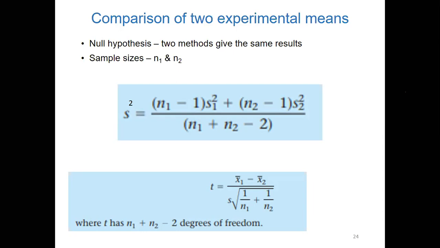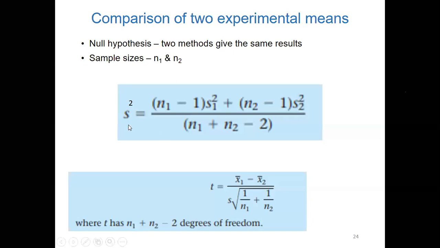In that case also, we are using the t statistic. The sample sizes of the two methods will be N1 and N2, because we may use the same number of samples in both methods, or different numbers of samples. It doesn't matter.